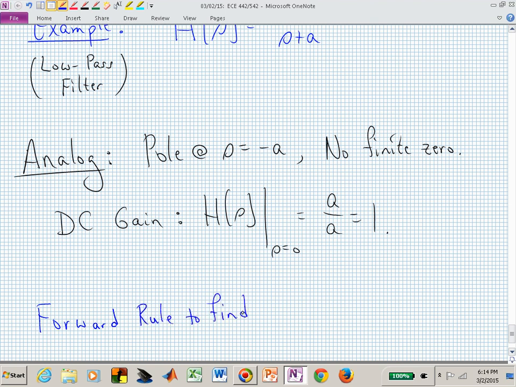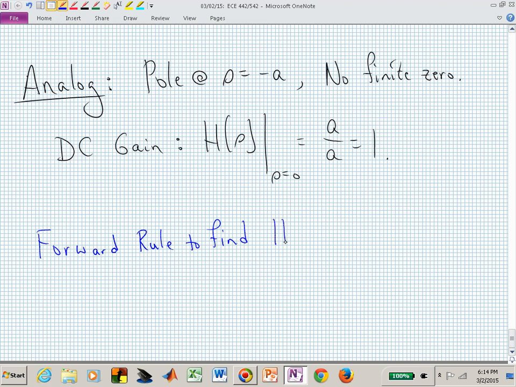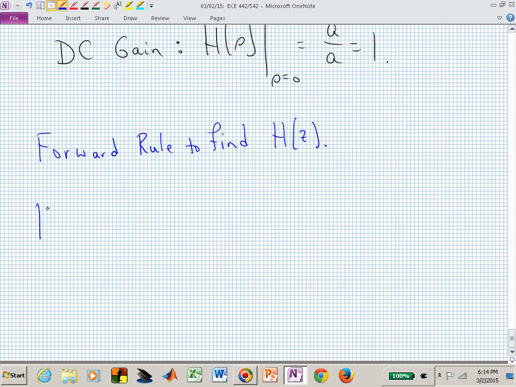And that's just one particular strategy or technique for finding an H of Z given an H of S. I will call this particular approximation H sub F, for forward. H sub F of Z is now going to be found from H of S when we allow S, everywhere we see it, to be replaced with the expression Z minus 1 over capital T.